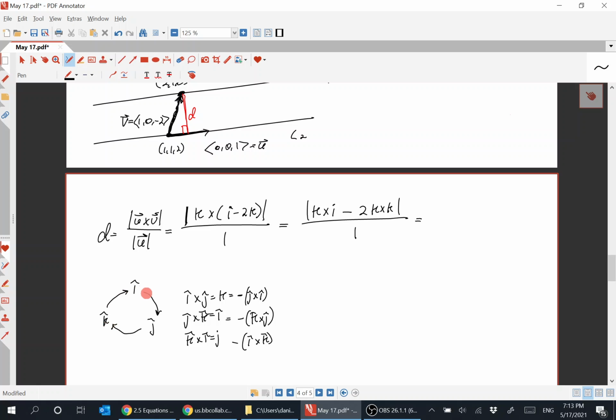Right, k cross i is j. K cross k is what? Because k is, of course, parallel to itself. Right? The length of k cross k is sine of 0, right, which is 0 over 1. Whoops, the length of that. So it's just the length of j over 1, so it's all just 1. So that distance is 1.